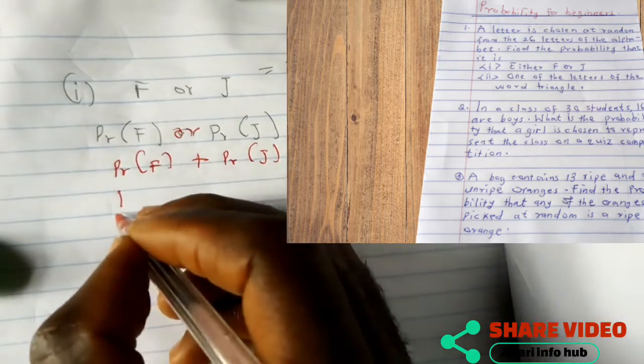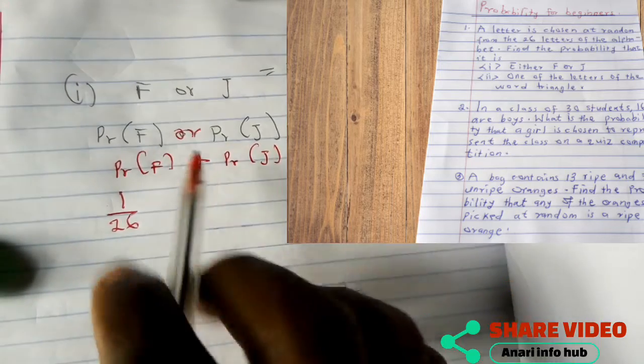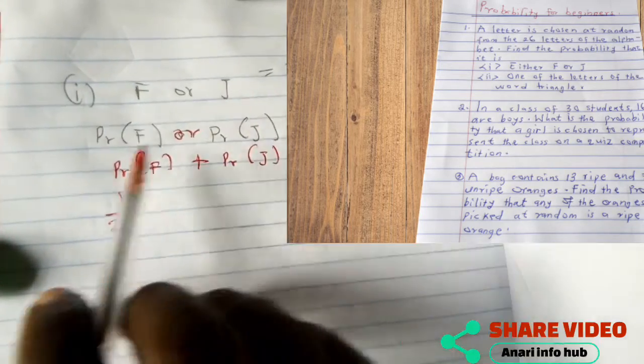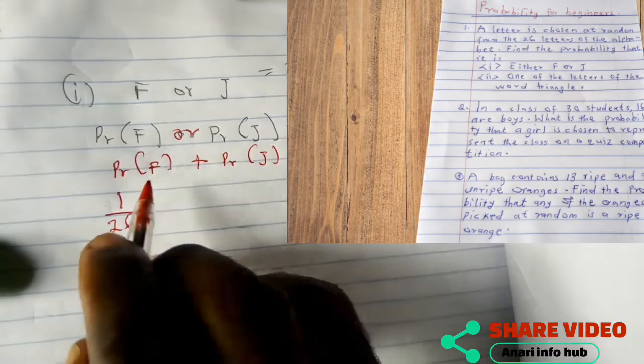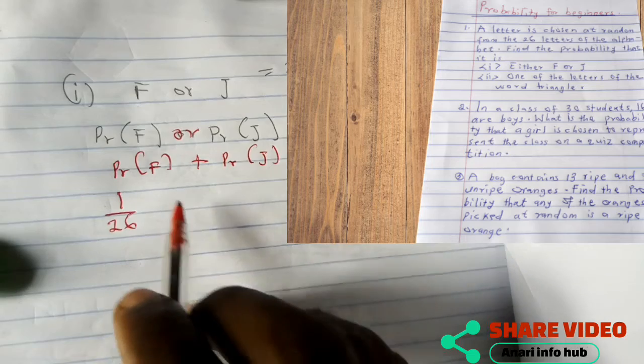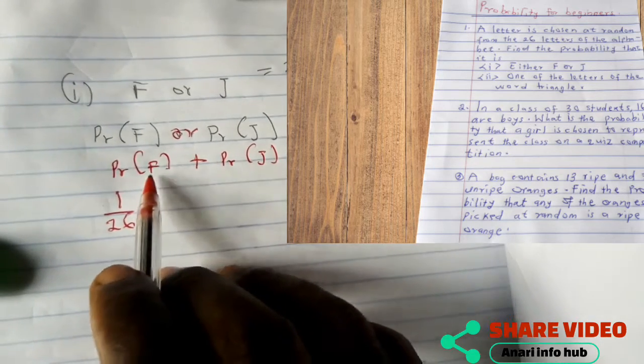The probability of F is 1 over 26, because in the alphabet we have only one F. And you know that probability is equal to the number of required outcomes over the number of possible outcomes.